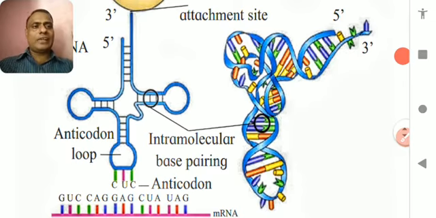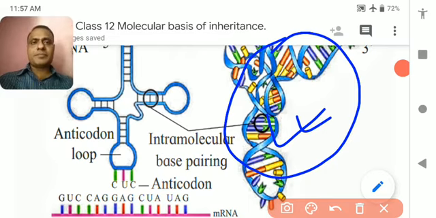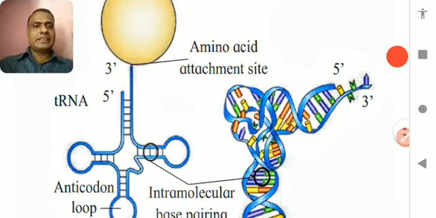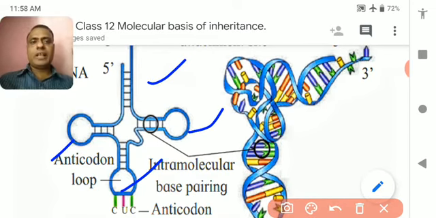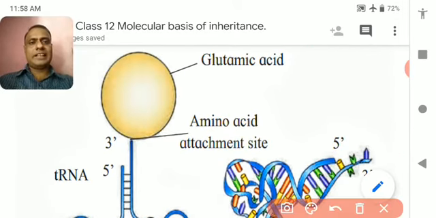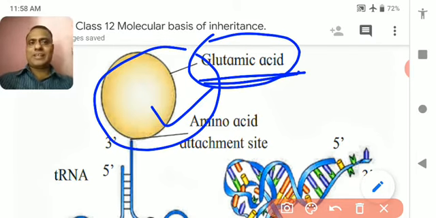Actually, tRNA looks like this, and it is a very complicated structure, but scientists have made a very simple clover leaf like structure of this tRNA. Here you can see there are three main loops, and the first loop, the upper loop, contains at the 3' end a particular kind of amino acid, means the 3' end is attached with the amino acid, and here it is glutamic acid.